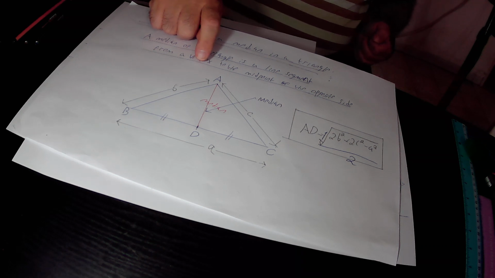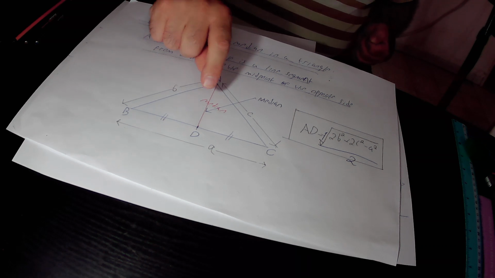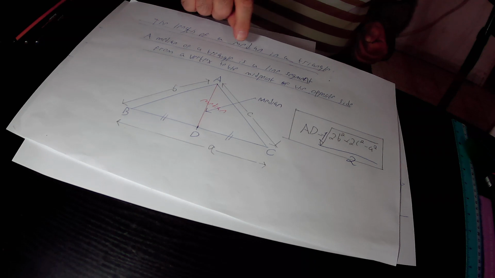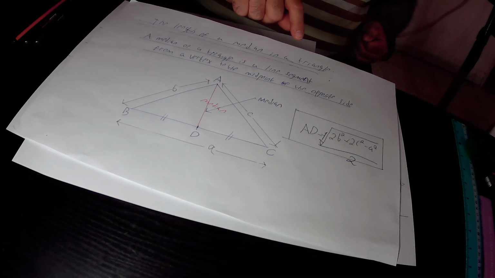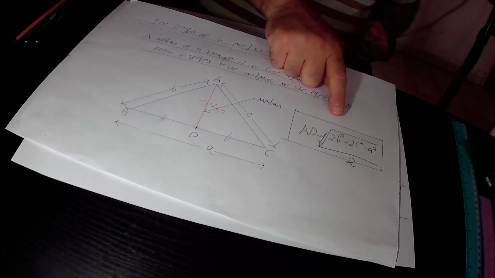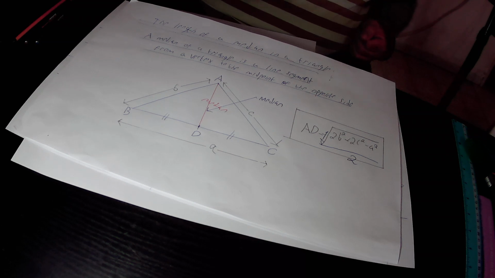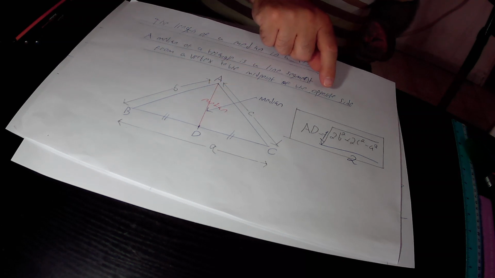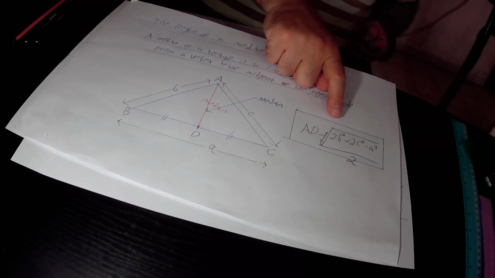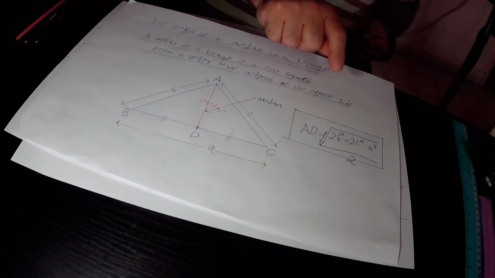So the question is, what is the length of the median AD? The length of the median AD, according to the new formula, equals the square root of 2b squared plus 2c squared minus a squared, over 2. Again, AD equals the square root of 2b squared plus 2c squared minus a squared over 2.